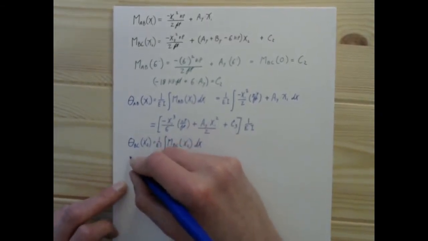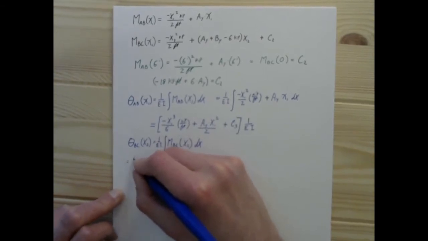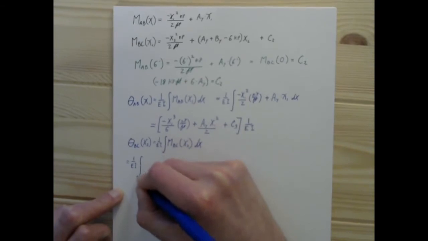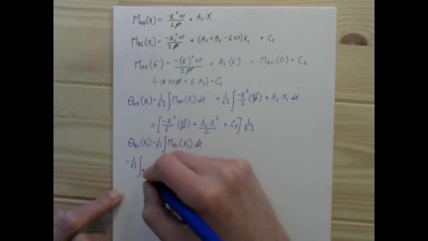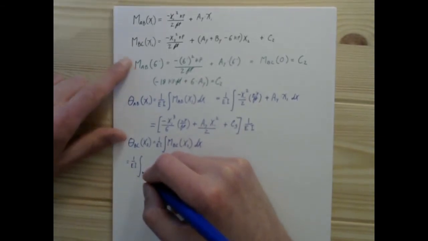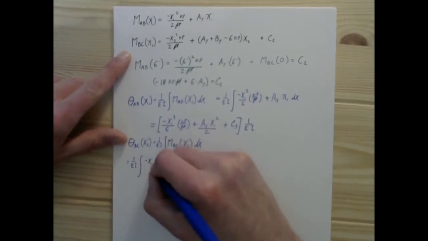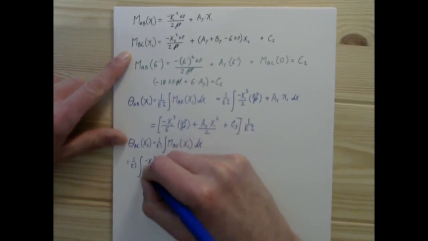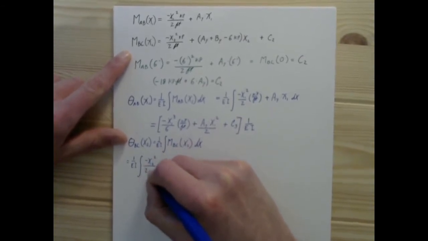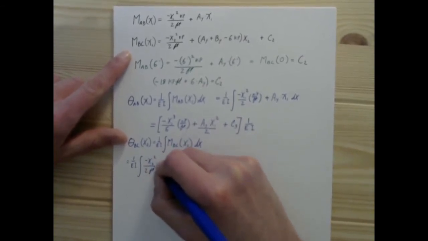So that's going to be 1 over EI times the integral of this right here, negative x2 squared over 2 feet. There's a kip up there.